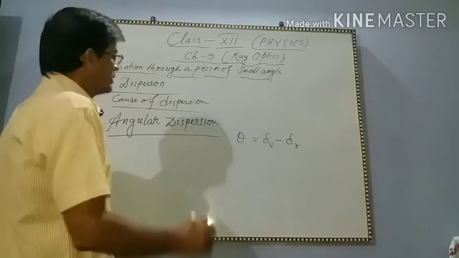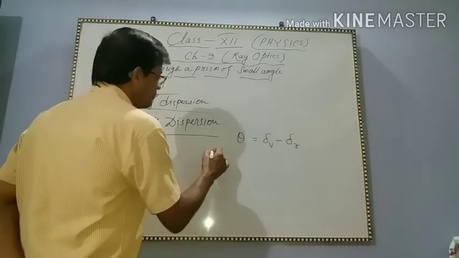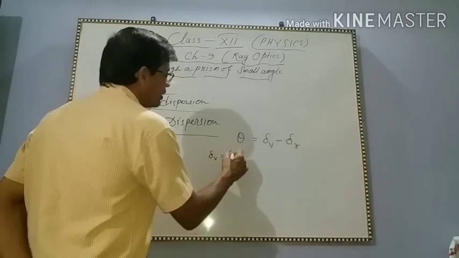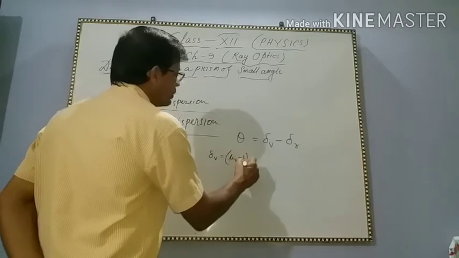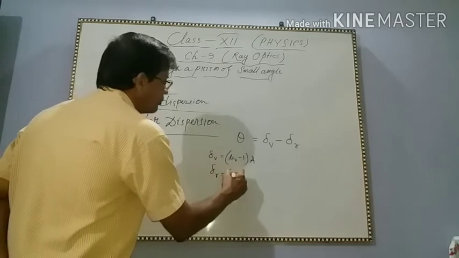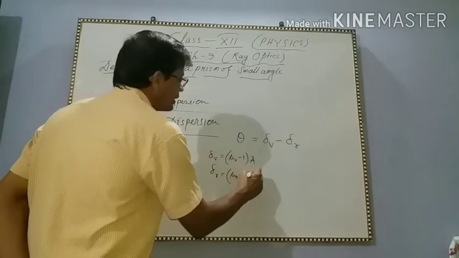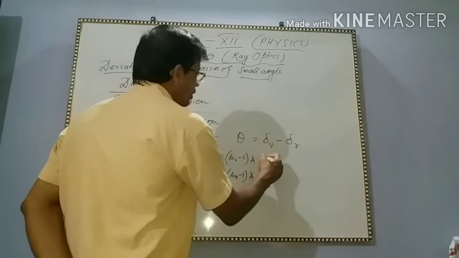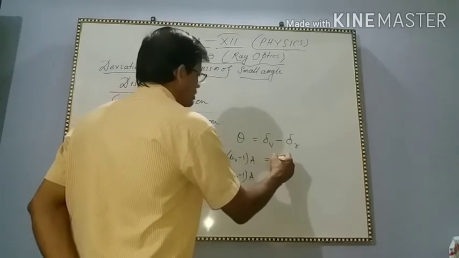Now what is delta V? Delta V equals mu V minus 1 into A, and delta R equals mu R minus 1 into A. So if you put it here, what will we get?